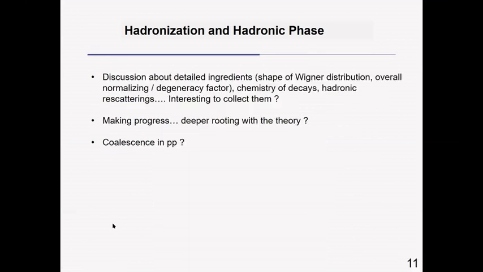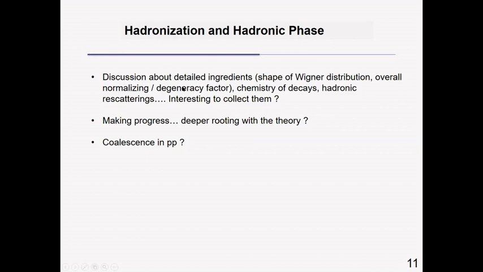Now, another point that I wanted to raise is it might be good at some point that we have a more detailed discussion about the ingredients, at least in all approaches that are making coalescence, and try maybe in the first place to collect the various parameters that are used, and try to make a map between those models who allow themselves to have overall normalization, and which degeneracy factor the model takes.